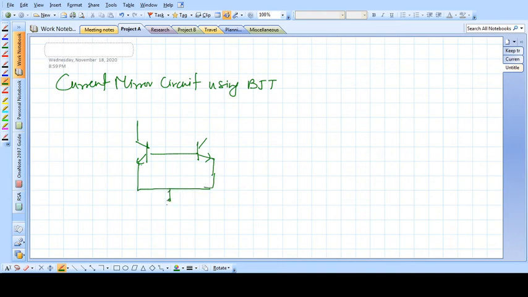Suppose this is a transistor Q1, a very famous circuit you can find in many books. This one is I naught, and this one say I ref, and say this one is IC.